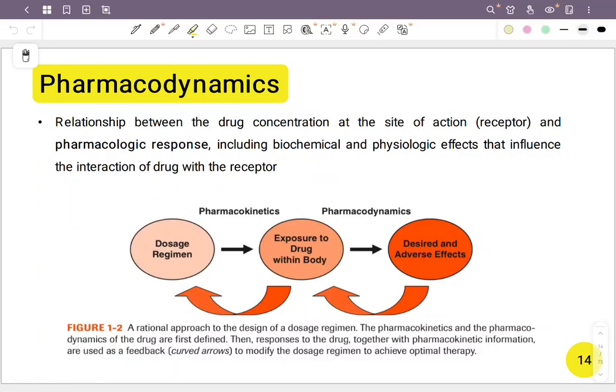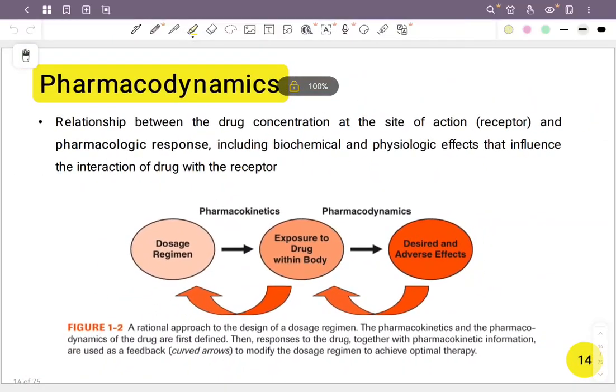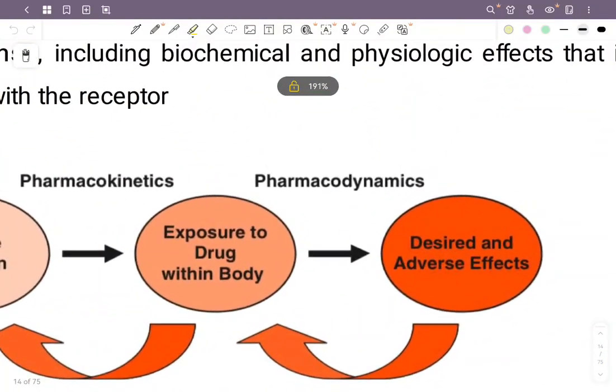Then, our next term is pharmacodynamics, and dili ra kayo ta mag-focus diri, guys, ha. But, this is the relationship between the drug concentration at the site of action and pharmacologic response, including biochemical and physiologic effects that influence the interaction of drug with the receptor. So, our simple explanation here, basta pharmacodynamics, it tells us the effect of drug to the body.